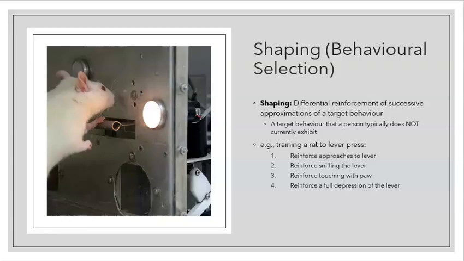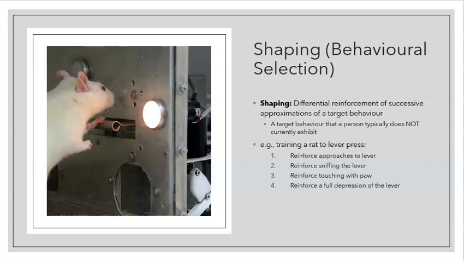So in shaping, differential reinforcement of successive approximations of a target behavior occur. In other words, it's kind of like pre-training. We're training the rat to do a behavior that it will later use to complete operant conditioning.